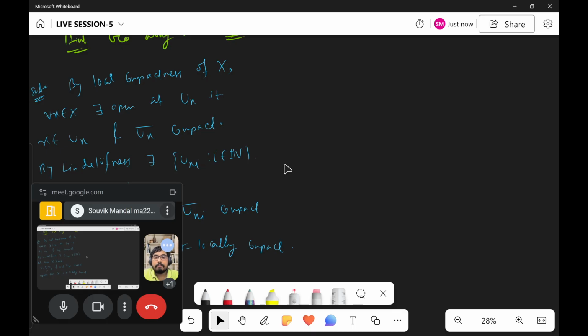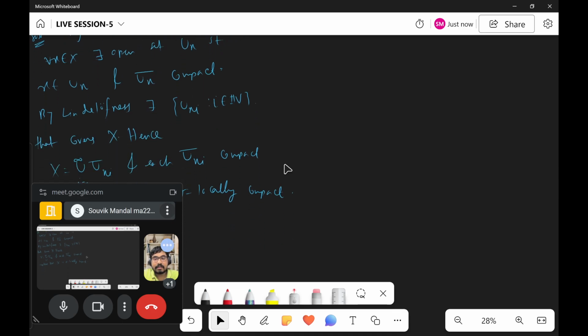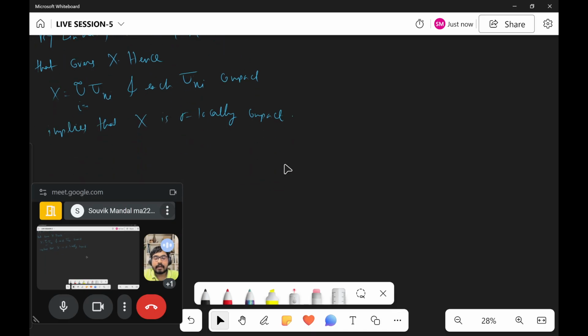Hence, there exists a cover Uxi that covers X, so X is equal to the union of Uxi, and for each Uxi the closure is compact, which implies that X is sigma locally compact.